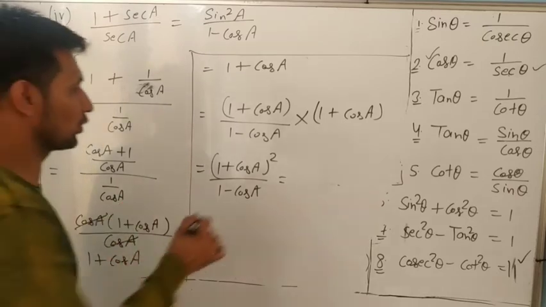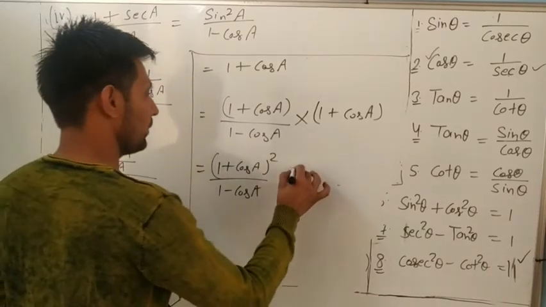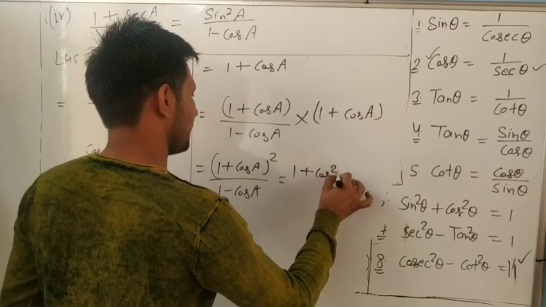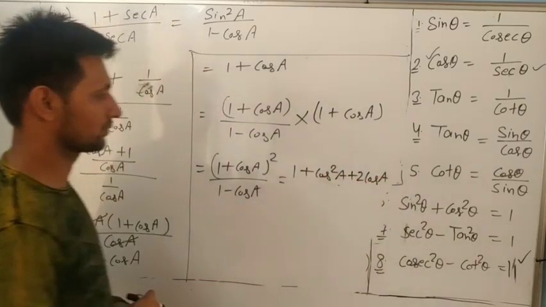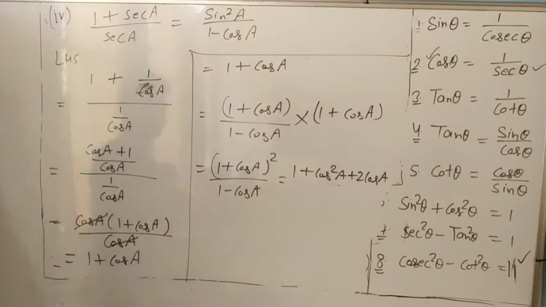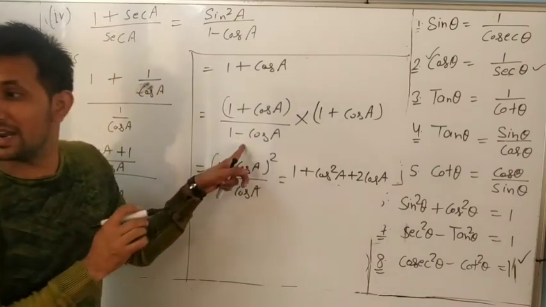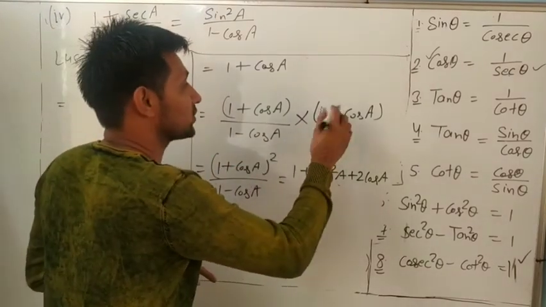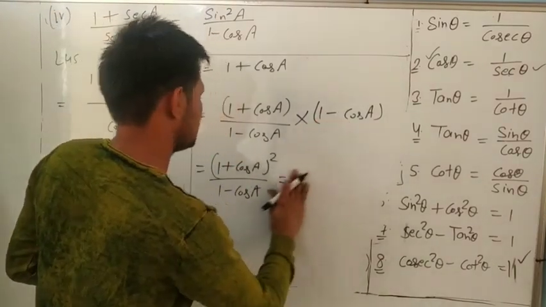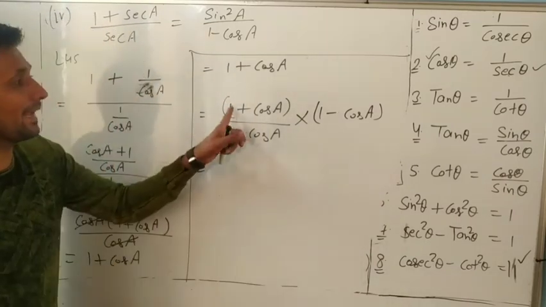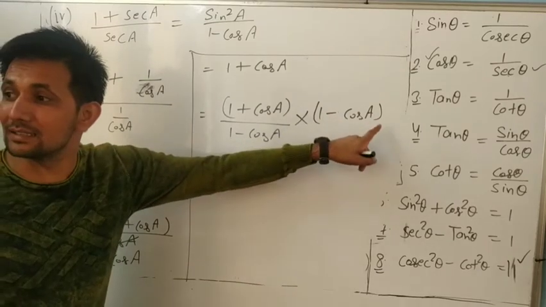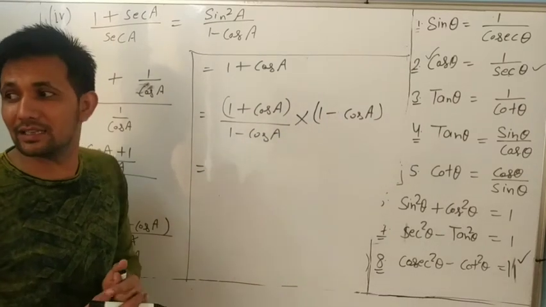So 1 plus cos a, a plus b square: 1 plus cos square a plus 2 cos a. Oh, sorry, divide by 1 minus cos a and multiply also by 1 minus cos a. Okay, now it becomes a plus b into a minus b, which is a square minus b square.